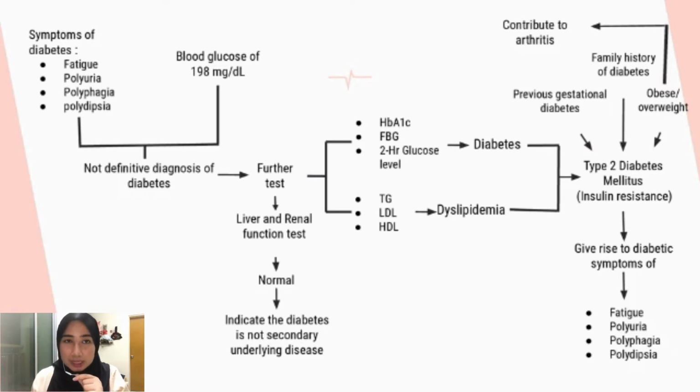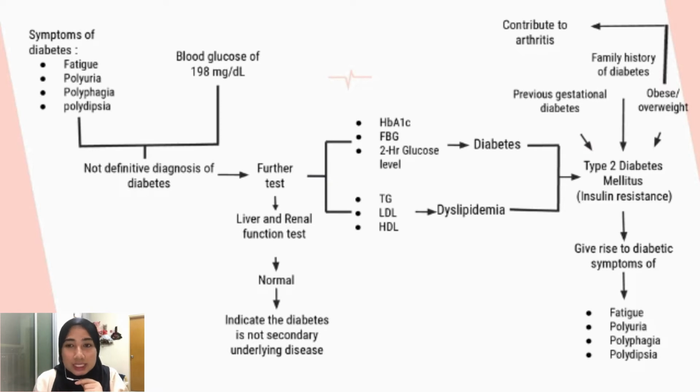Okay, so diabetes and dyslipidemia, together with her family history of diabetes and previous gestational diabetes, and also the fact that this patient is obese or overweight, may indicate that this patient has insulin resistance or type 2 diabetes.